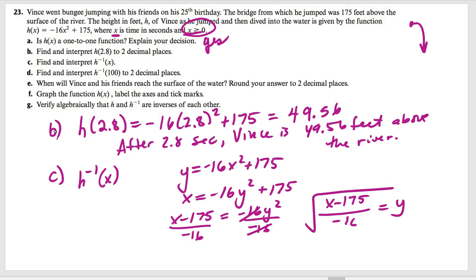And I will get y is equal to the square root of (x minus 175) over negative 16.